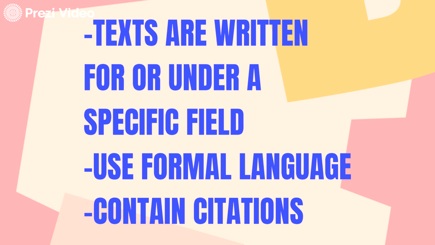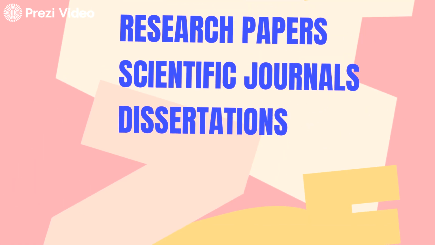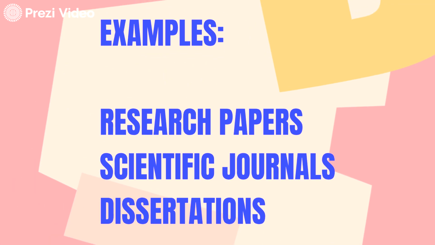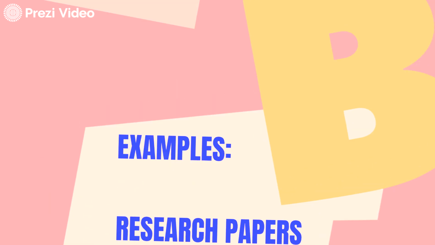It uses formal language, most of the time involving jargons, and citations are a key feature in these types of texts. Now, some examples of academic texts include research papers, scientific journals, and dissertations.